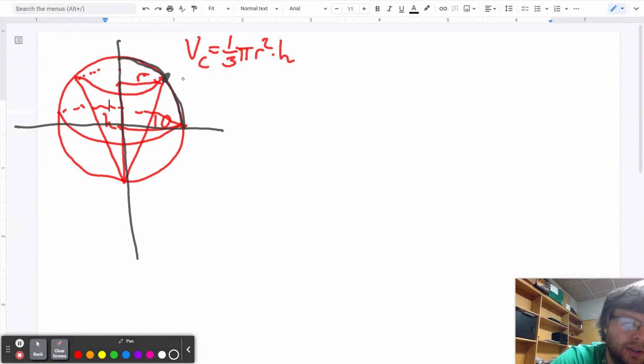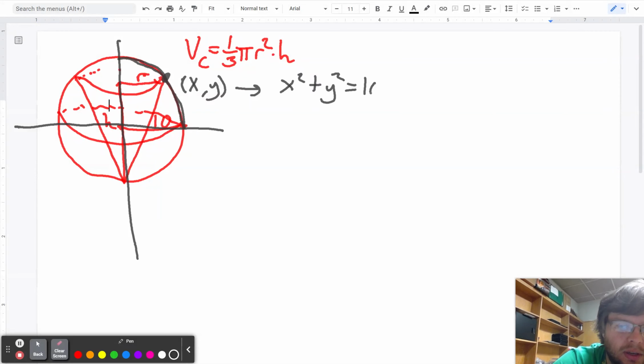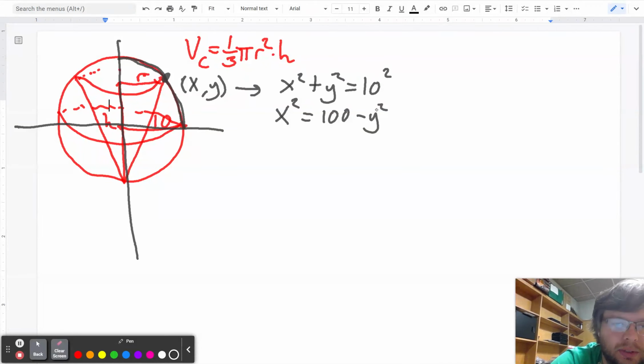And so if I look at this x comma y point right there, what I know is that x squared plus y squared is going to equal 10 squared. So x squared is equal to 100 minus y squared, for example. I could have done it the other way as well.